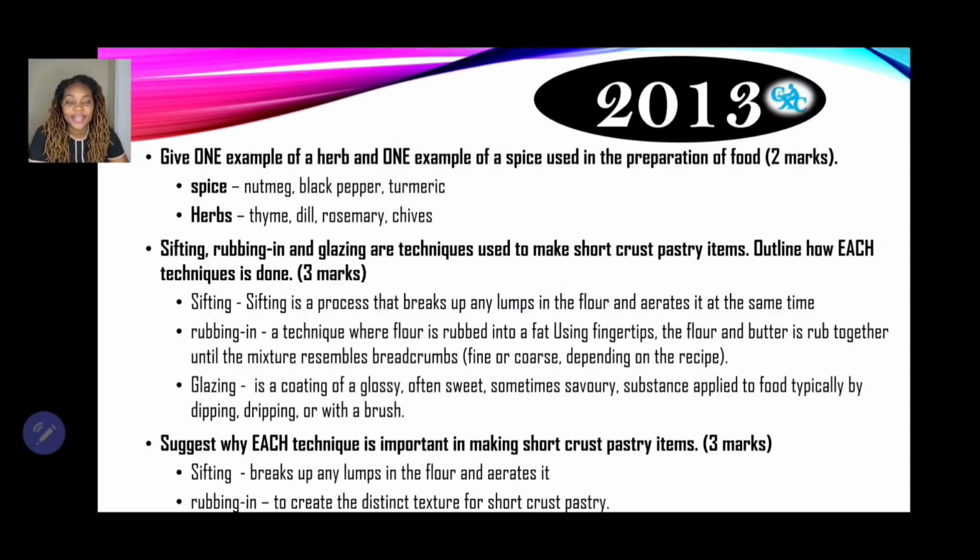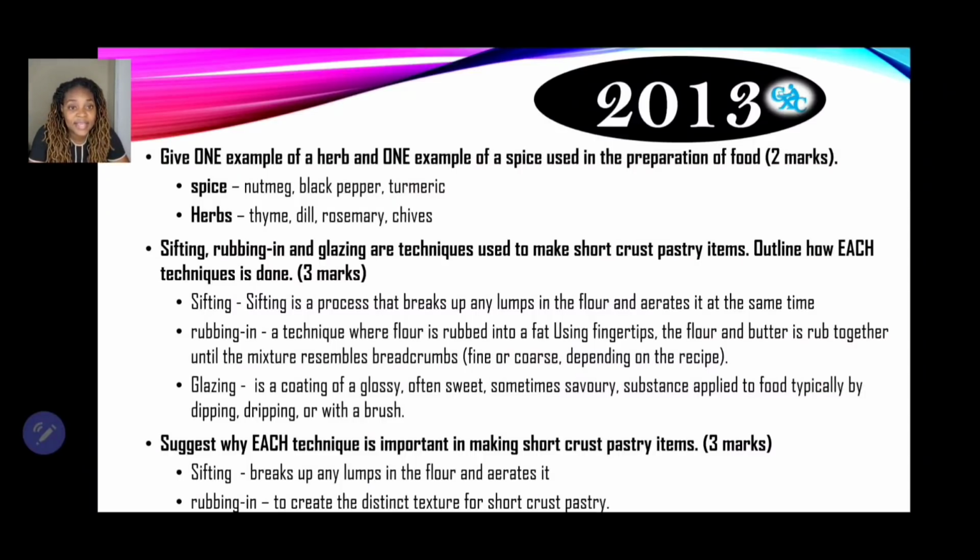Next question. Sifting, rubbing in, and glazing are techniques used to make short crust pastry items. Outline how each technique is done, right? And here we have our food preparation techniques listed again. The first one here is sifting. Now it is a process that breaks up any lumps in the flour and aerates it at the same time. Good.